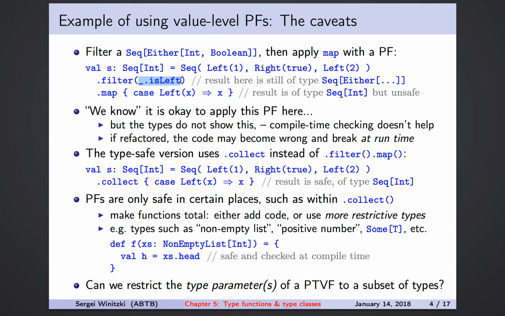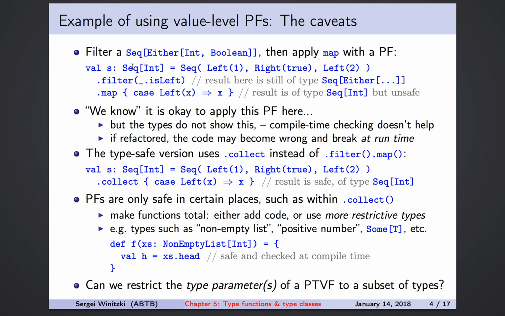And finally, it's not always the left. And so the other part of the code is also changed in some way, and you get a runtime error after some refactoring some time later.